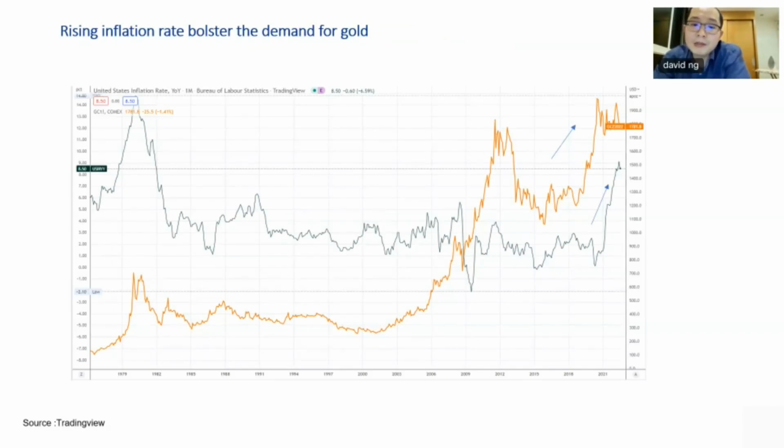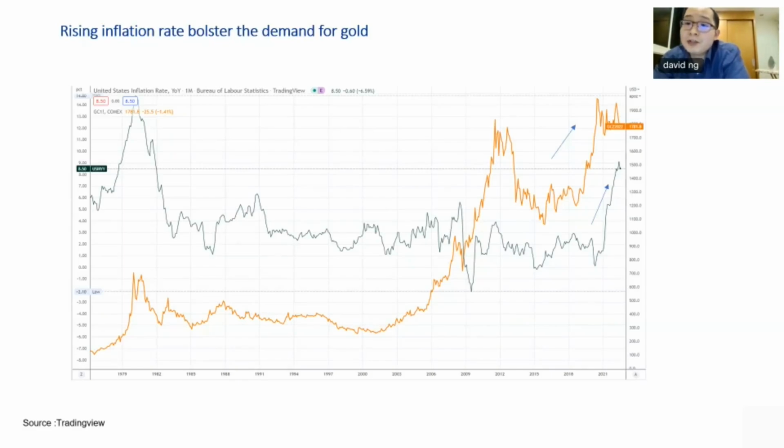And again, in 2008, that is a different scenario. That's not an inflation environment. That's more of an economic crisis. But right now, back in 2021 and 2022, we can clearly see that inflation started to pick up and gold prices tend to be supported. So that's interesting to watch.